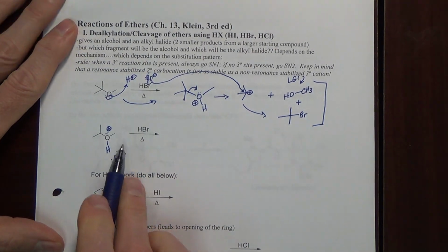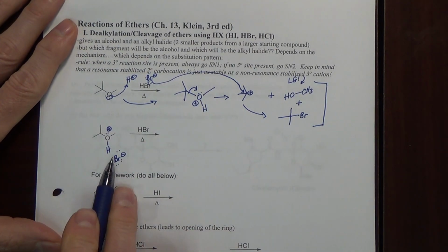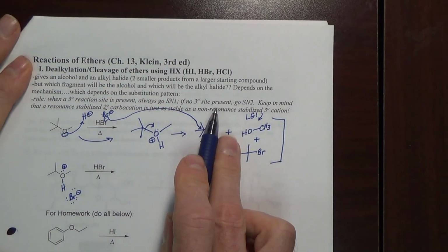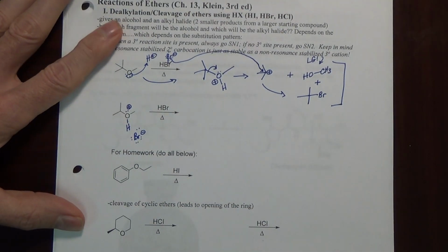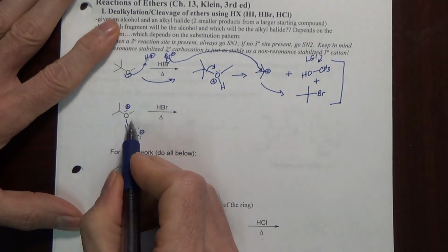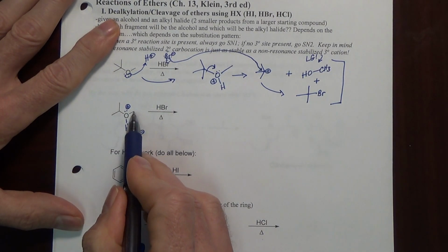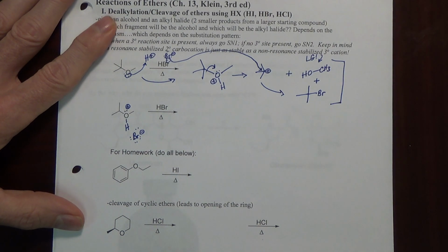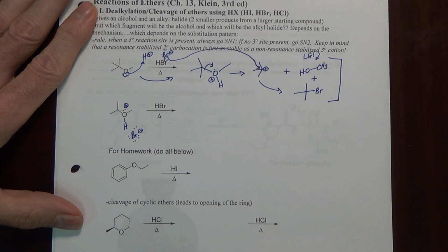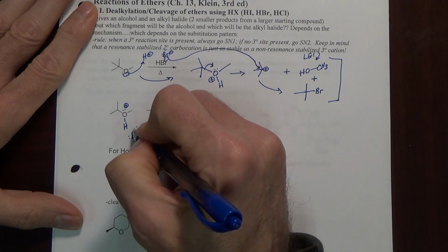Now, do we have a tertiary site? No. If no tertiary site is present, we want to go SN2. Now, if you're going SN2, which carbon are you going to attack? The methyl carbon or the secondary carbon? SN2 is largely governed by sterics.